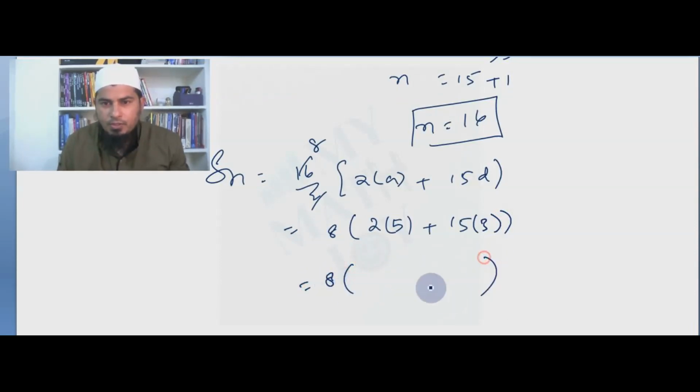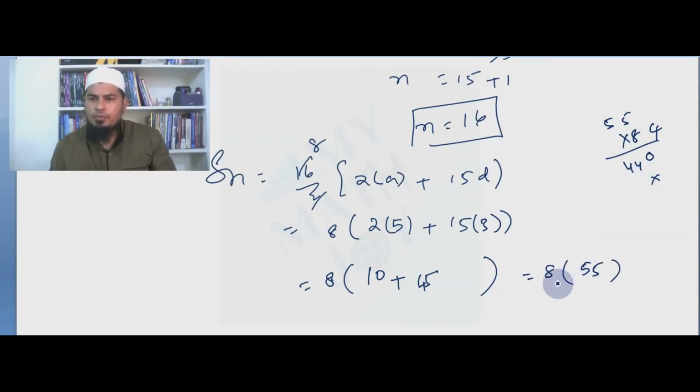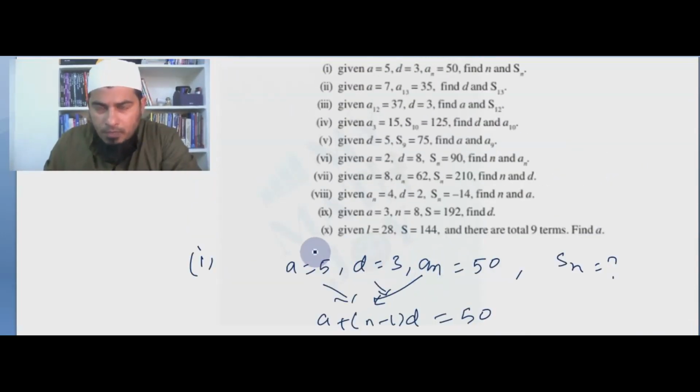So 8 times (10 plus 45). 45 plus 10 is 55. 55 times 8: 8 times 5 is 40, 8 times 5 is 40, so 440. So you got an answer. 440 is the sum of the terms. How many terms? Exactly 16 terms of the AP will give you this much. Okay, in this way we need to find the answers. I hope you understood. Let's proceed with this type of model questions.